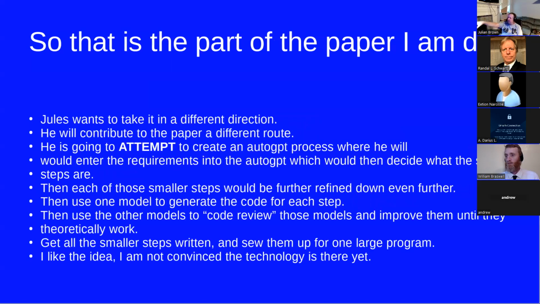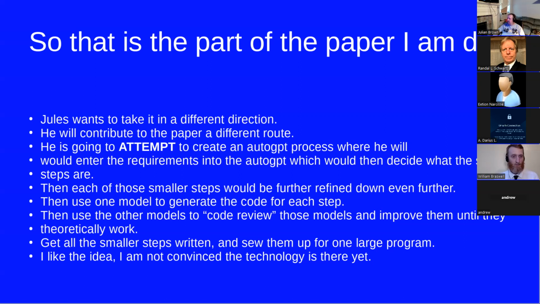So the page, this is where I think you came in. I was talking about my son. My son wants to do an auto GPT process where the program would take your requirements, break it down into smaller steps, and then break each of those steps into smaller steps, and then eventually choose a model to generate code for each one of those steps, and then use other models to code review the code to improve it to the point where it's going to work.